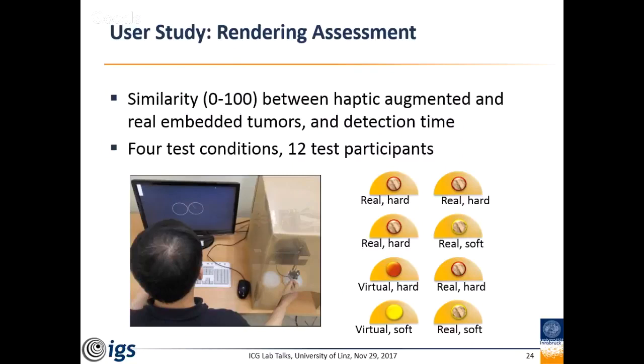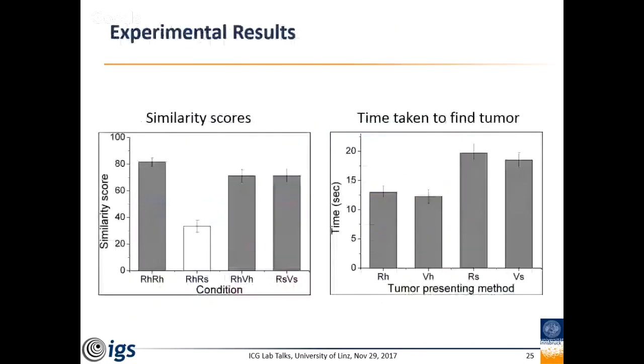We had 12 participants that carried out this task. Here are some of the results. On the left, the similarity scores for the 4 cases. This case here is where both times we have a real harder tumor, and here the similarity rating goes up to 180, not even 100.